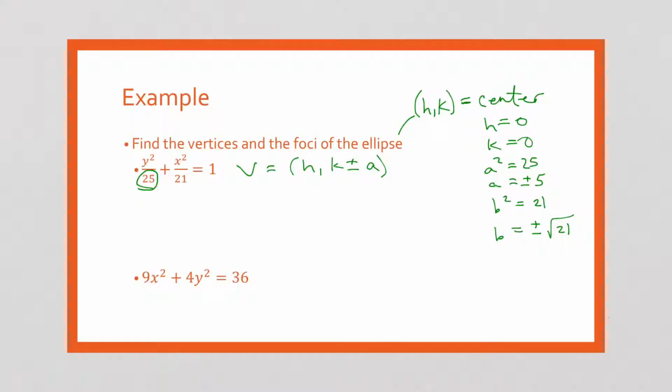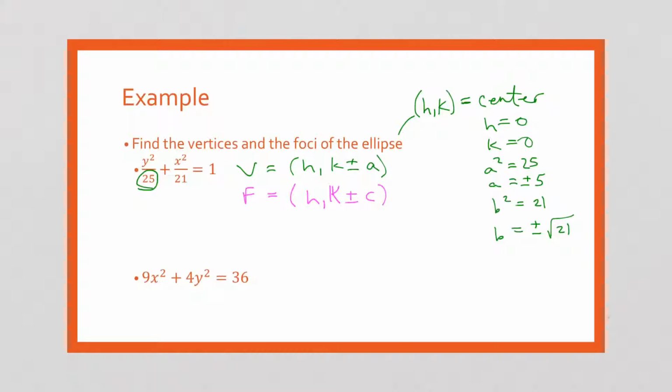And now we can start plugging things into our formula once we know h, k, a, and b. Alright, we also, though, have to find c. The reason we have to find c is because our formula for foci is h comma k plus or minus c.